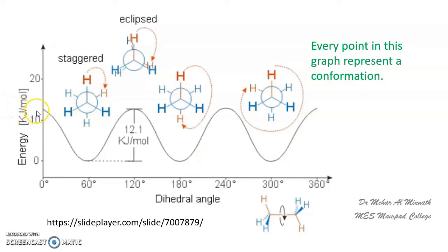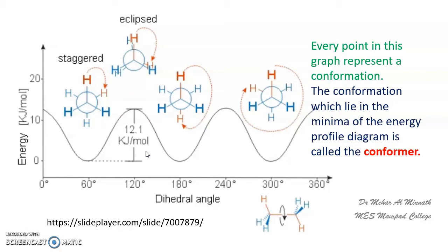But all these conformations are not called conformers. Only those conformations which have minimum energy are called conformers. That means the conformations which lie in the minima of the energy profile diagram are called conformers. So in this case, the staggered conformation is the conformer.